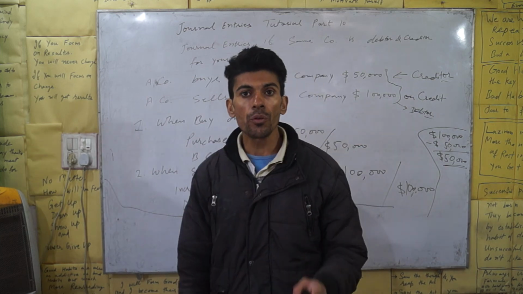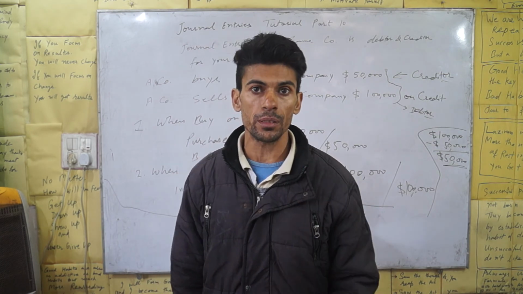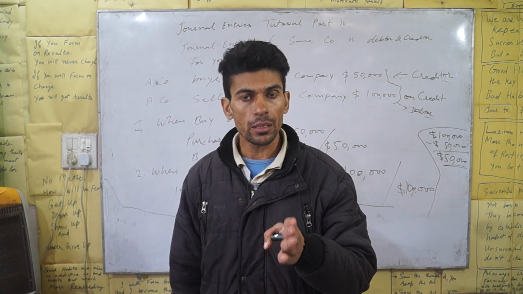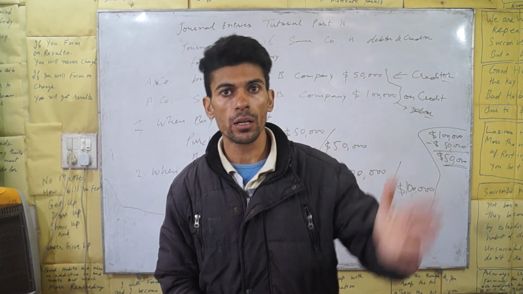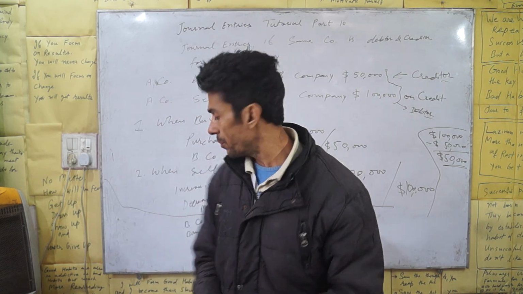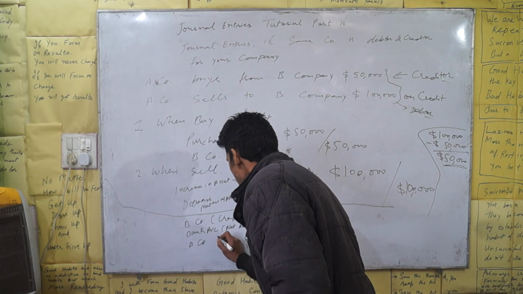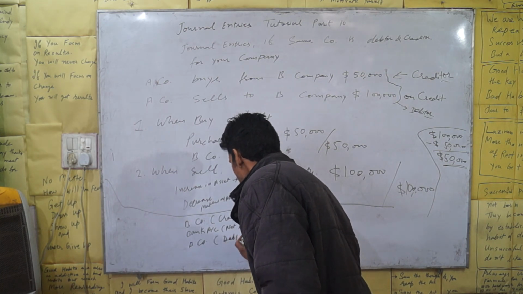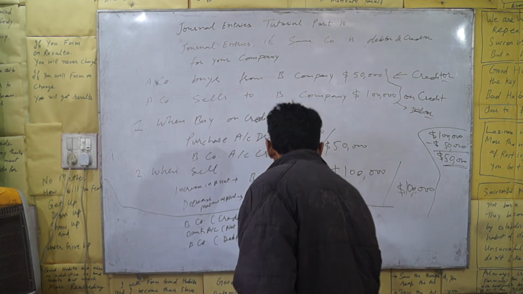Okay, from which person will we receive? Also B company as a debtor, because we sold $1 lakh products to him. B company as a debtor. Account credit.